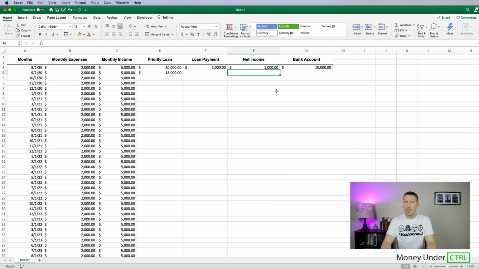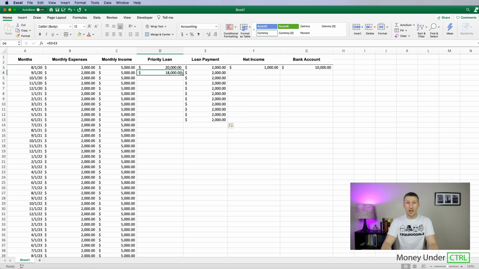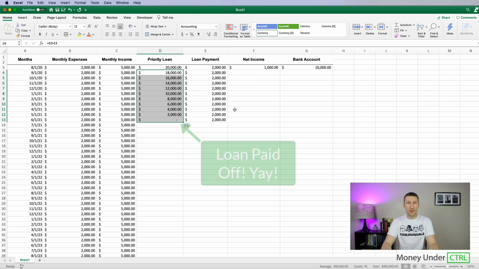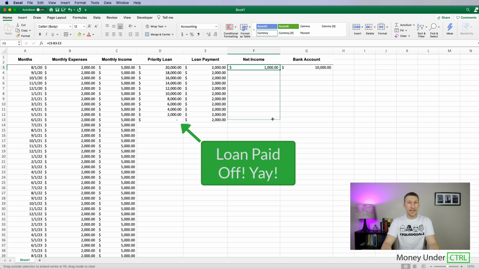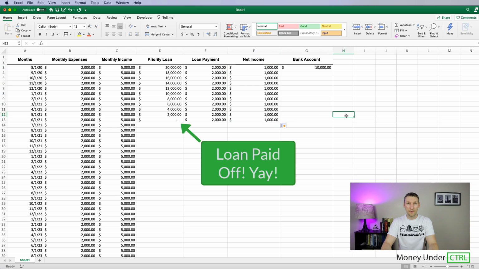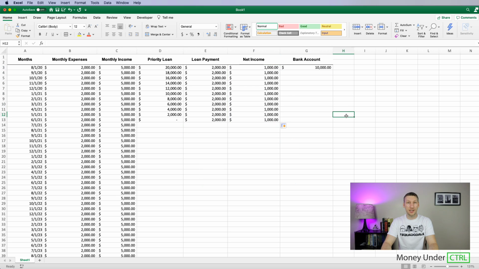C3 is our monthly income, B3 is our monthly expenses, and E3 is our loan payment amount. If you had $2,000 in B3, $5,000 in C3, and $2,000 in E3, your net income should be $1,000. Just copy the formula across the cells in the column. They should adjust automatically.